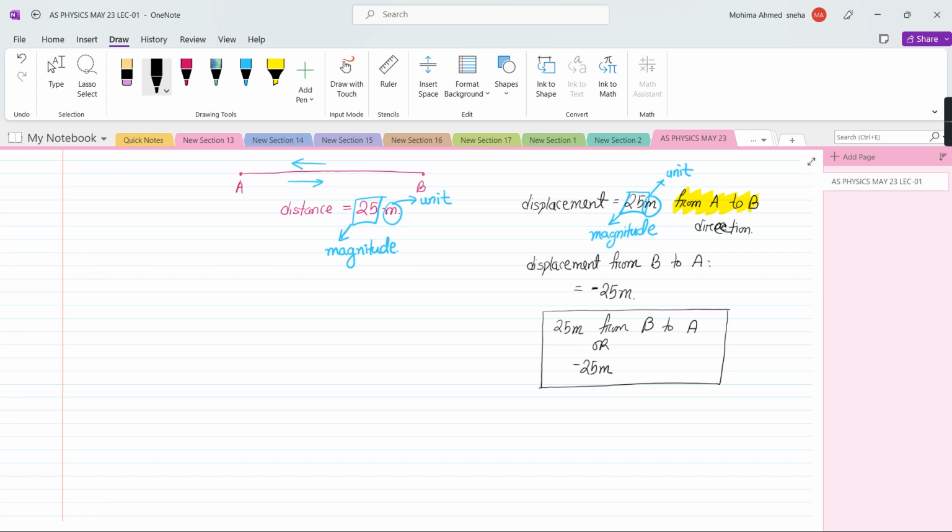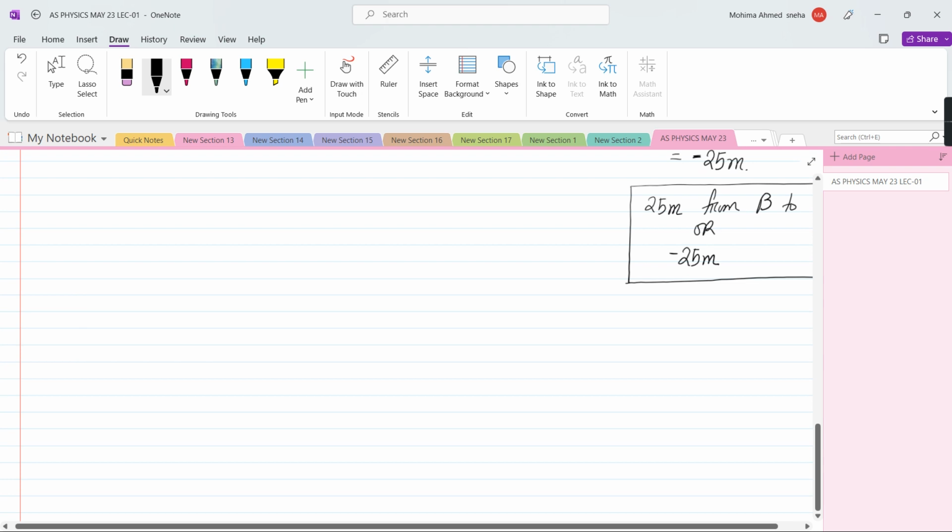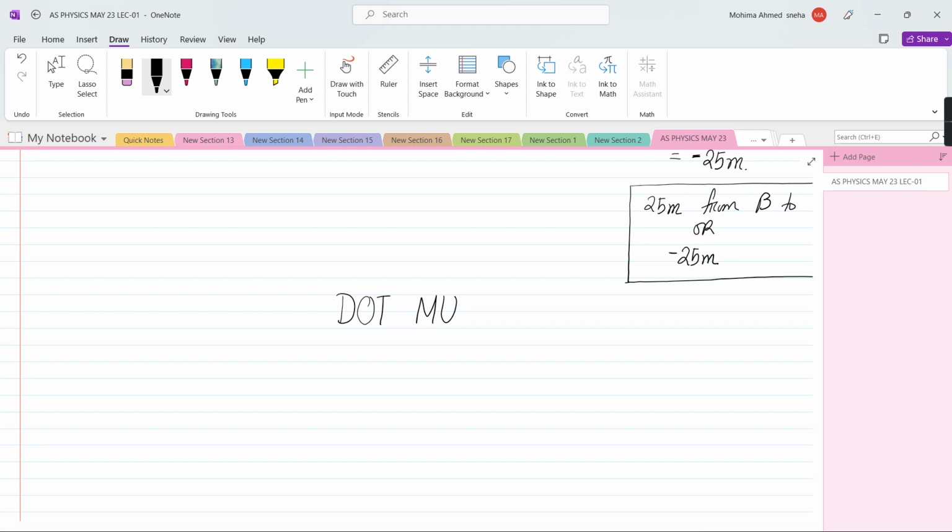In order to know if an unknown quantity is vector or scalar, we perform a dot multiplication. Let me zoom in. Dot multiplication is not that much of a detailed working. You don't need to show the working. These are just needed for the MCQs, for the first 10 MCQs in our section A, unit 1.